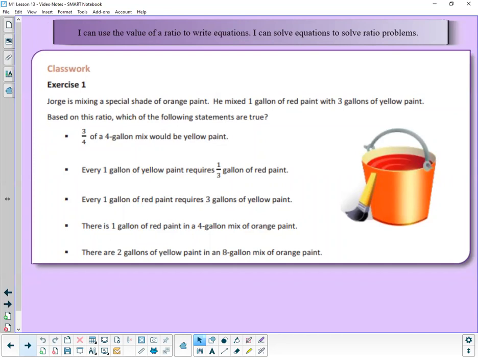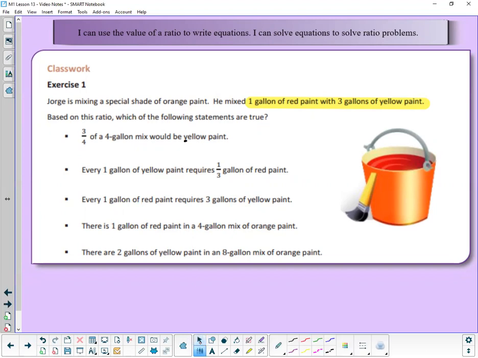Well, if you look at this, here's the mixture that they're talking about right there. Well, the total, if I were to make 4 gallons of paint, I would have 1 gallon of red, but I would have 3 gallons of yellow, which is exactly what it's asking us about.